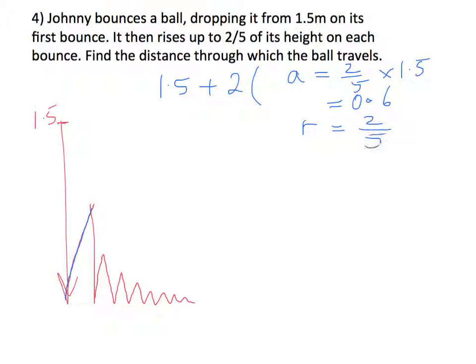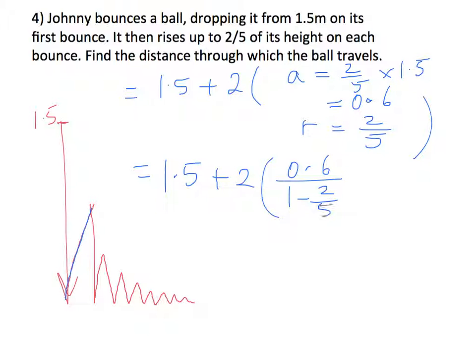It's 2/5 of the previous amount. So we've got 1.5 as that first distance plus 2 lots of this infinite, converging sum. So it is going to be A, which is 0.6, on 1 minus R. And then you'll get that the ball travels a distance of 3.5 metres.